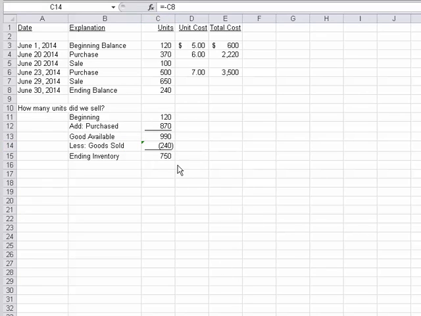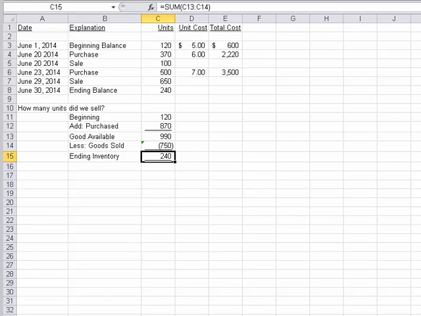So if we want to work it that way, we'd say the goods sold would be equal to the 100 units plus the 650 units. And of course we're going to make that negative. So I'll just put a negative in front of the formula, minus the sum of those two, and we come up with the 240 in ending balance. And that's the typical way I've seen this formula used, but either way would work fine.